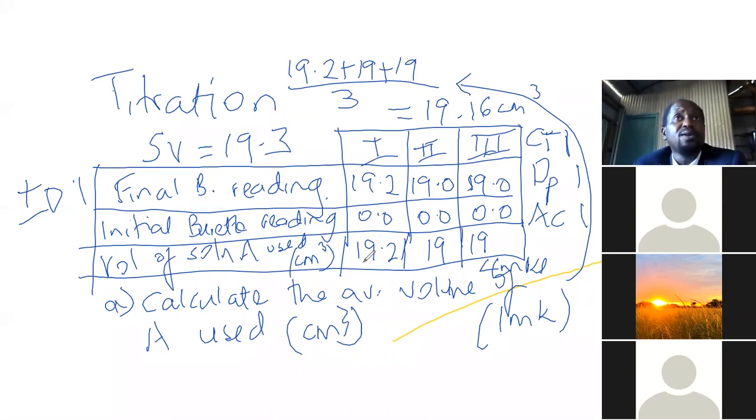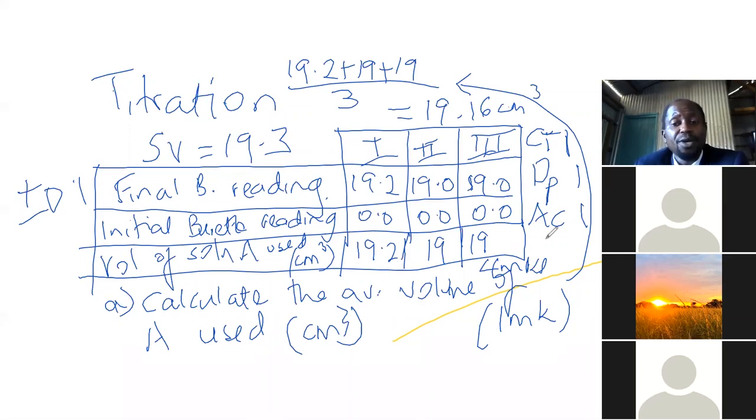For instance, the first one, the examiner will do the subtraction correctly and write 19.2 as expected. Now, when it comes to accuracy, the mark for accuracy will be awarded based on that correct subtraction, and not the values that you had given when they were wrong in terms of subtraction.